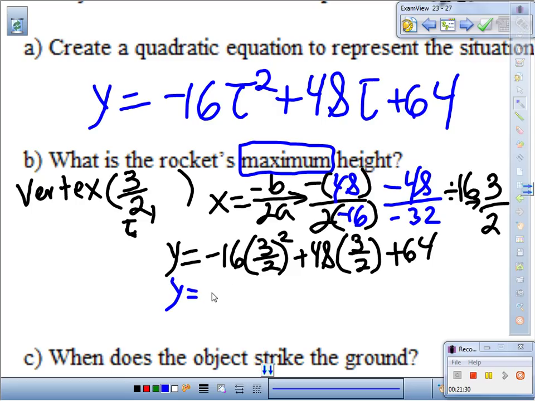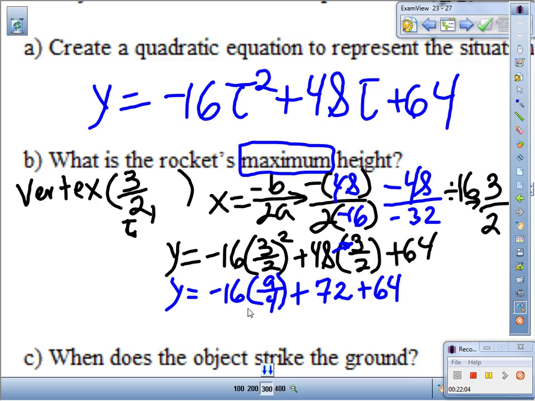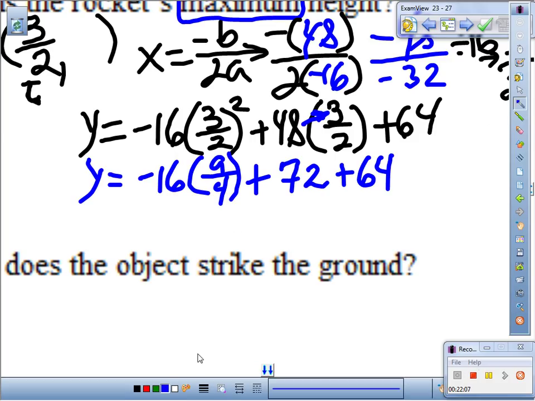Y equals negative 16 times, what is 3 squared? 9. What is 2 squared? 4. Plus, what is 48 times 3? 144. Divided by 2, that gives me 72. Very good. Plus 64. All right. Here we go.